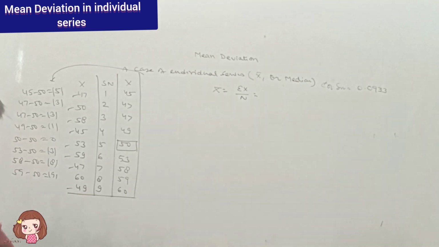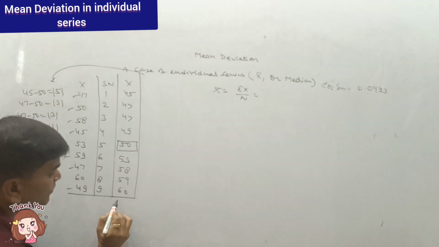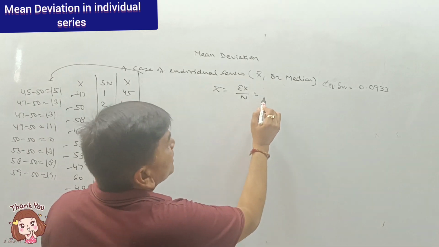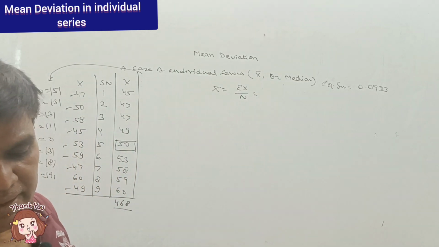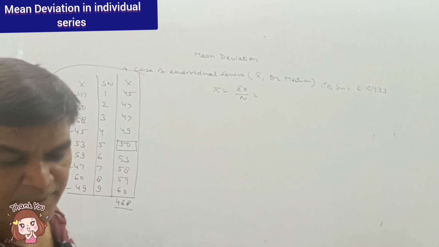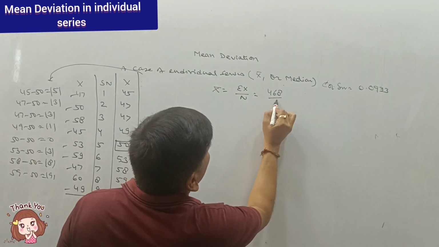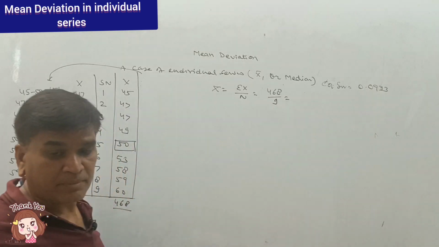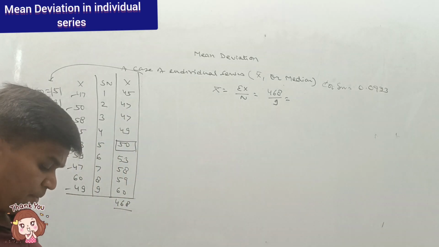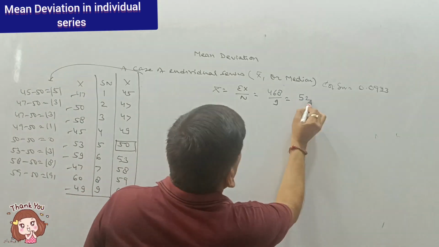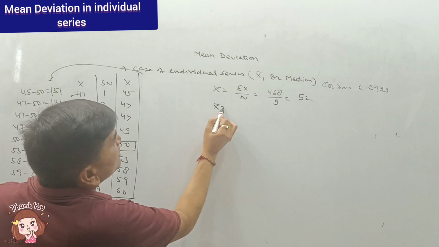The addition is 468. So the arithmetic mean is 468 divided by 9, that is 52. So here the arithmetic mean value is 52.